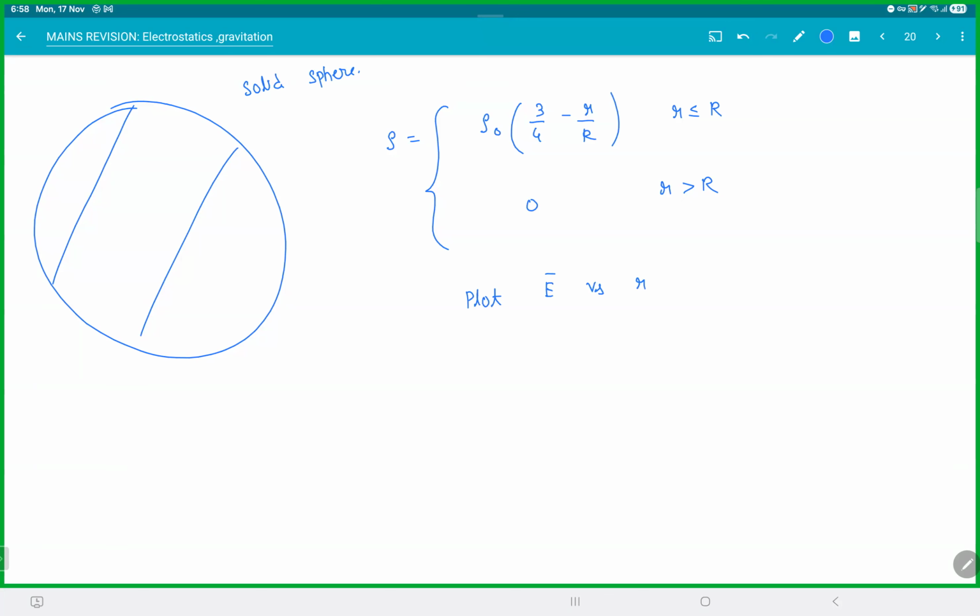Let's get this. It's a good one. Variable charge density. If it is an exam, I would have asked you to find the point where the electric field is maximum. That would be a good one, but if you plot the graph, that is taken care of. Graph will be more deadly. Plot E versus r graph. Solid sphere with a non-uniform charge distribution.